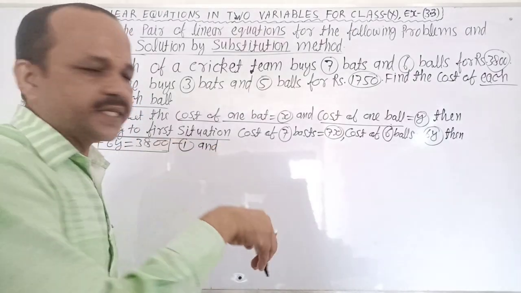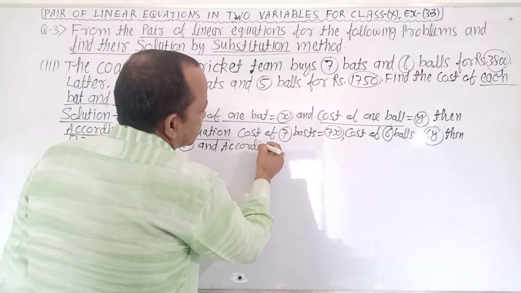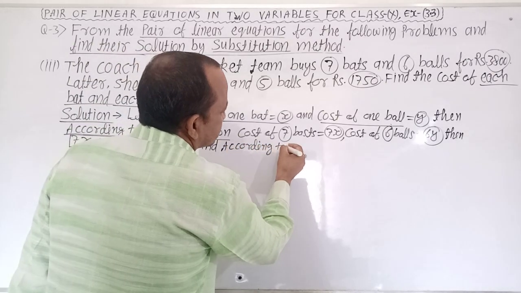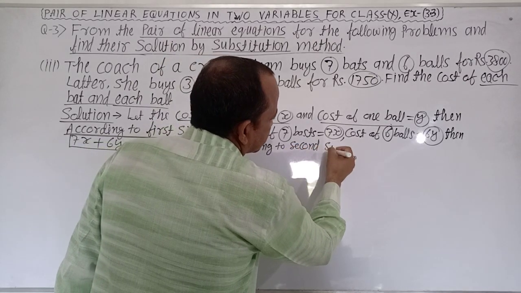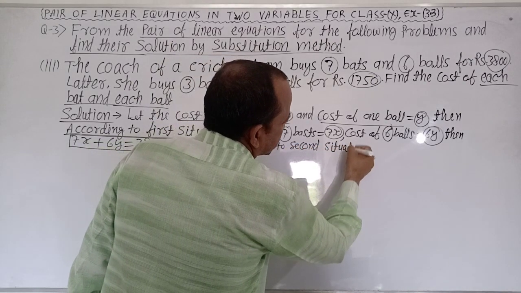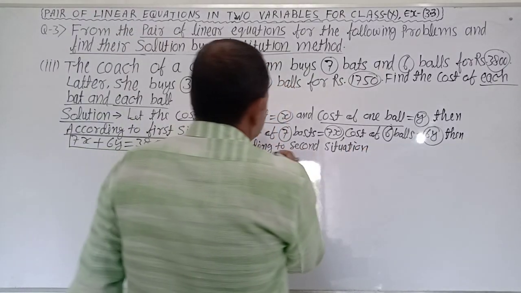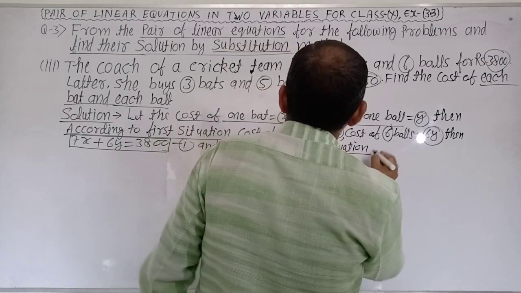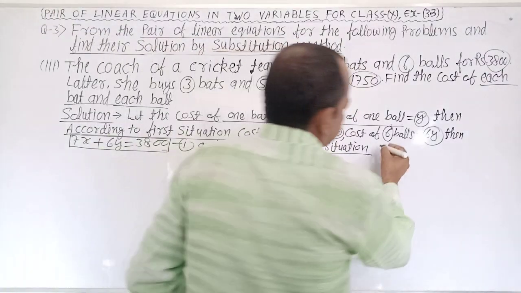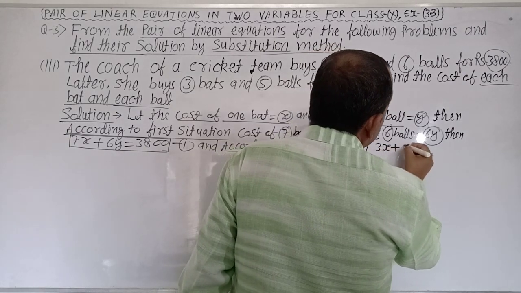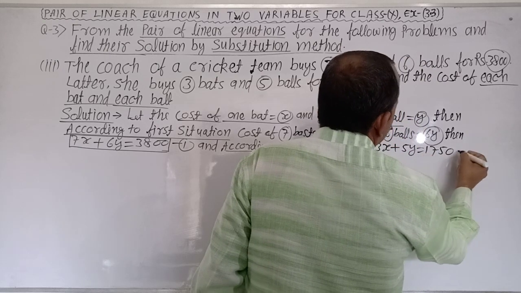And according to the second situation, the cost of 3 bats and 5 balls: 3x plus 5y equal to 1750.